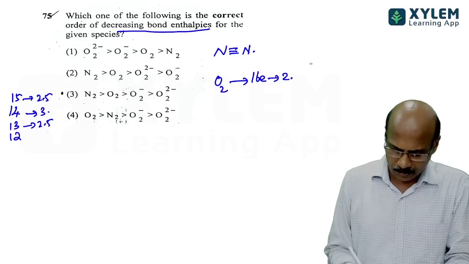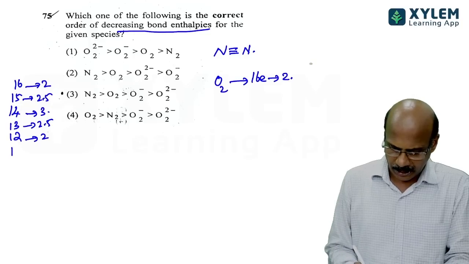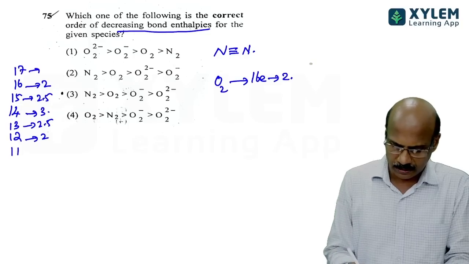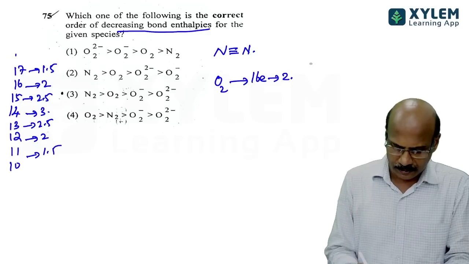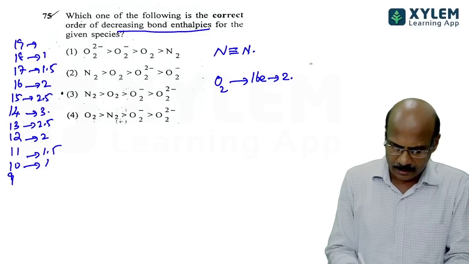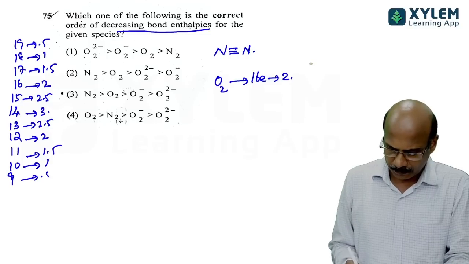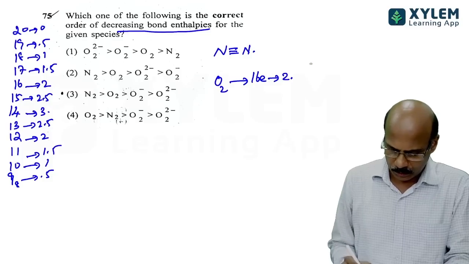If the total is 12 or 16, the bond order is 2. If it is 11 or 17, the bond order is 1.5. If it is 10 or 18, the bond order is 1. If it is 9 or 19, the bond order is 0.5. And if it is 8 or 20, the bond order is 0.